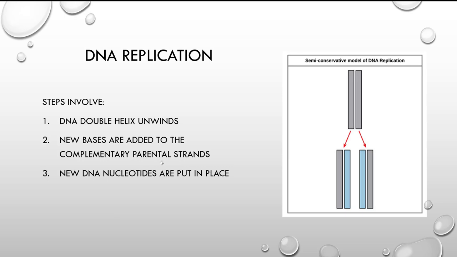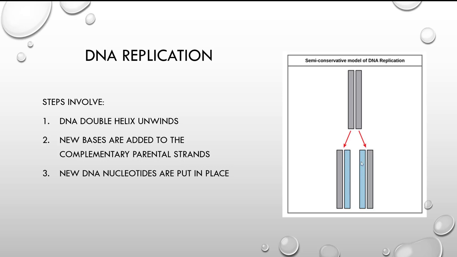So let's talk about that. Here is the original strand, our double helix, and by the end, notice the old will be in gray. By the end of DNA replication, you'll have two double helices, but each double helix will have one old strand and one new strand.